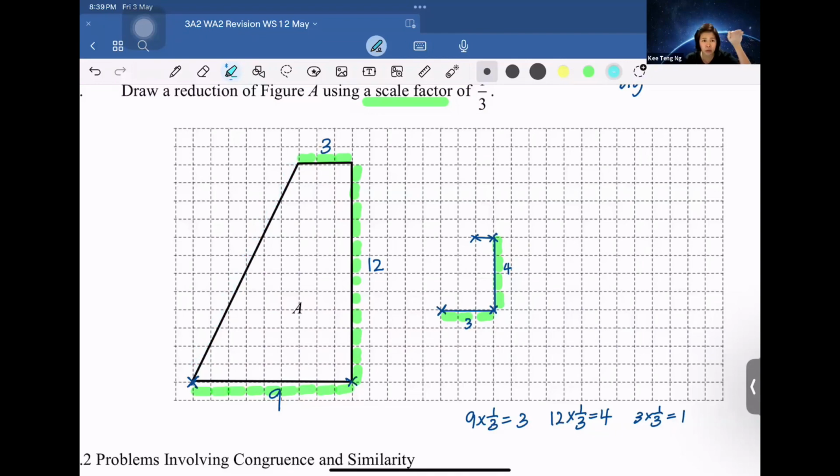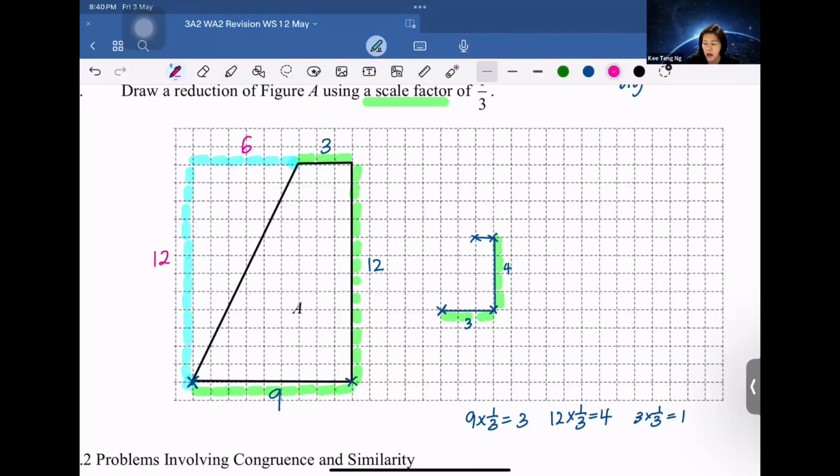So count from this point to reach this point, I'll have 1, 2, 3, 4, 5, 6. There are 6 squares over here horizontally, followed by 1, 2, 3, 4, 5, 6, 7, 8, 9, 10, 11, 12. There are 12 squares vertically.